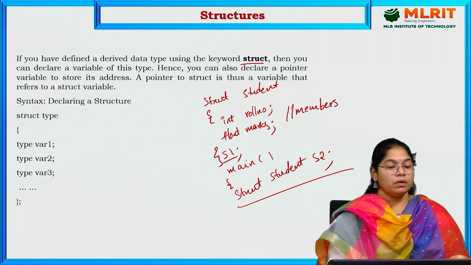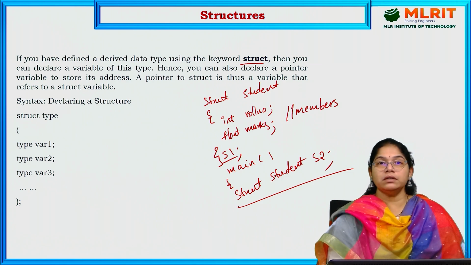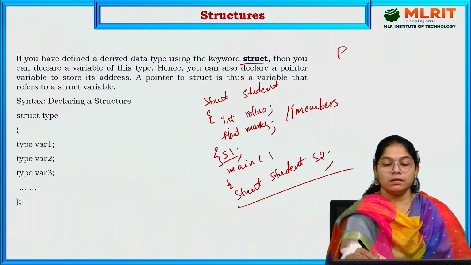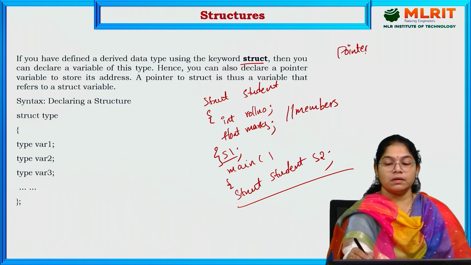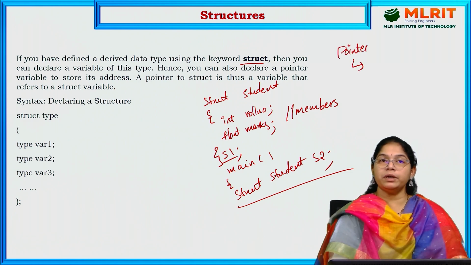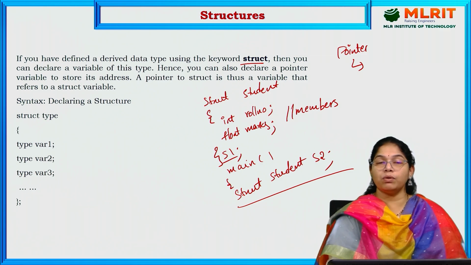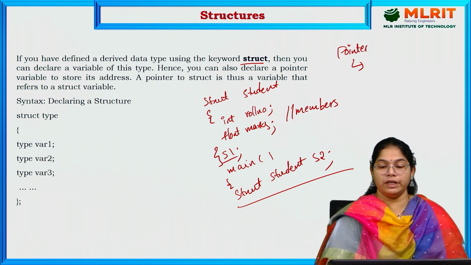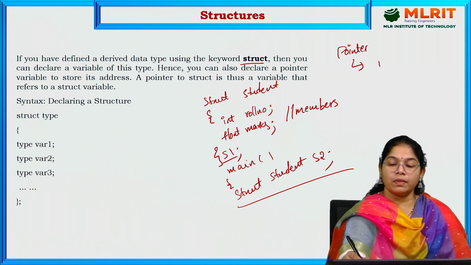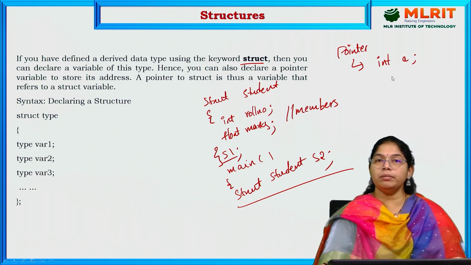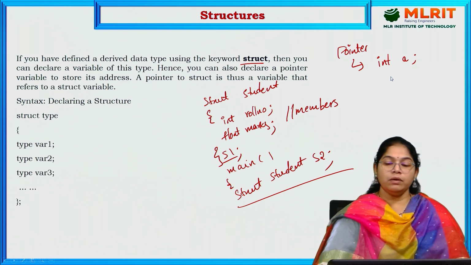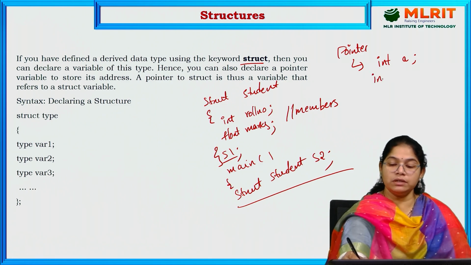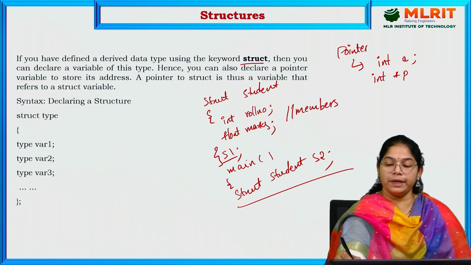Now, here we are discussing pointer to structure. Then what is a pointer? A pointer has the property that it can store the address of another variable of the same type. Suppose here I am declaring a variable with a data type and a variable name, and I'm declaring a pointer also, int star p.